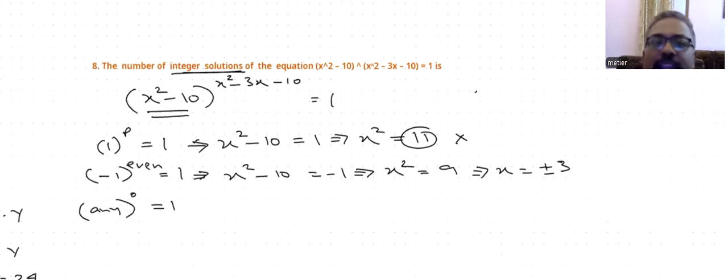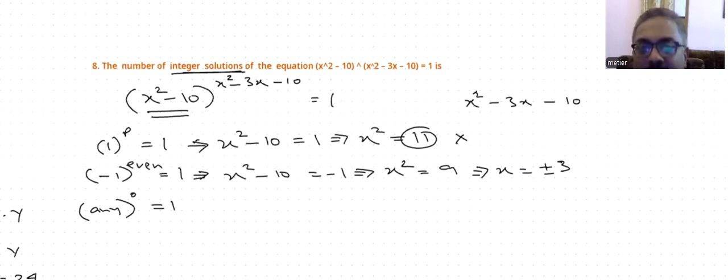So you have to cross-check that. x square minus 3x minus 10 has to be even, right? Let's put x is 3. 3 square, 9.